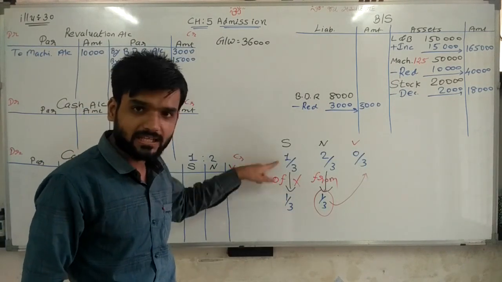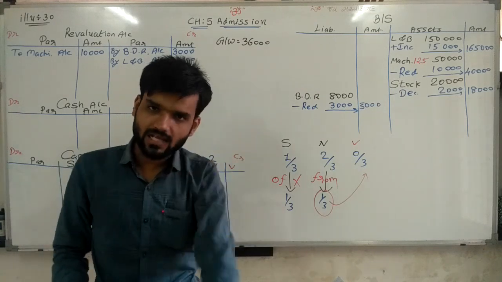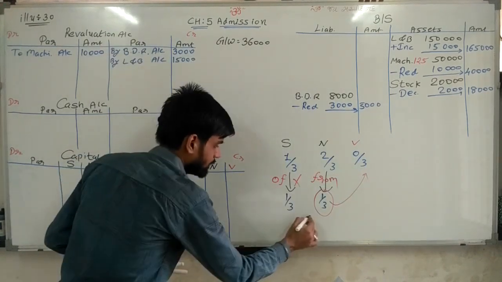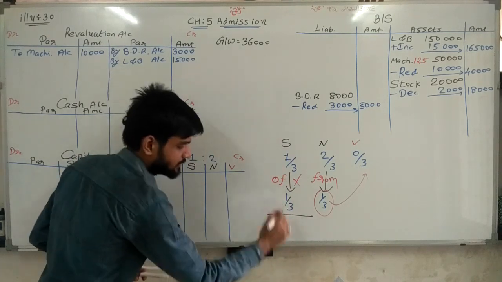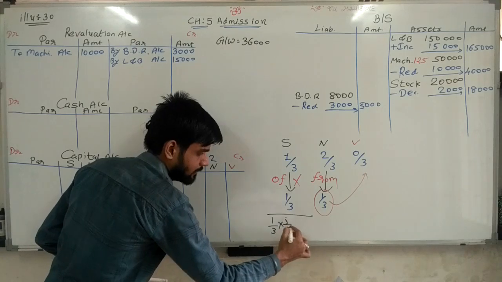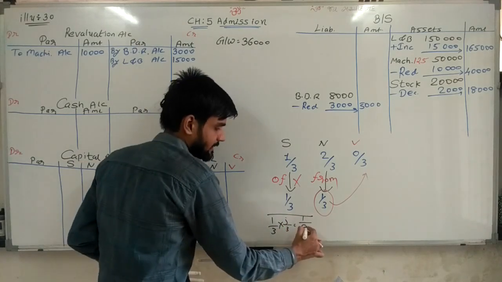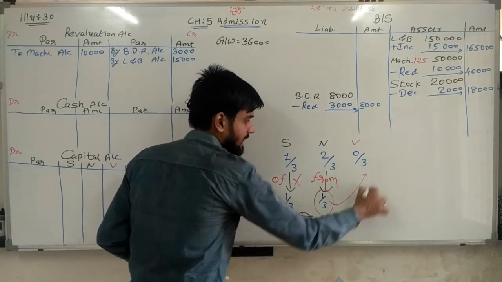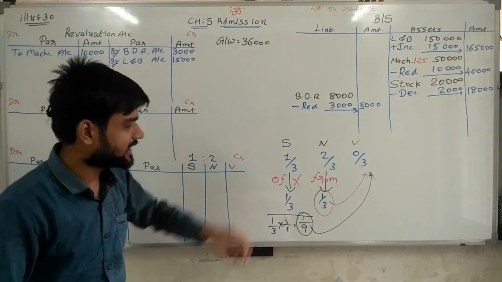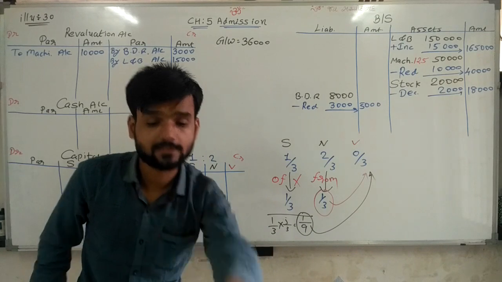First we multiply, and whatever answer we get, that we give to Vijay. So 1/3 multiply with 1/3, so 1/9. This 1/9 I am giving to Vijay. That is very important in this sum.